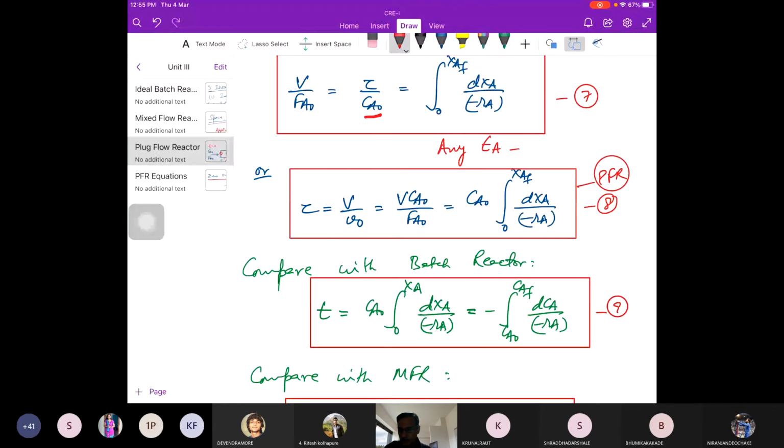Performance of the batch reactor is the same as the performance of the plug flow reactor, not mixed flow reactor. ठीक है, any questions?